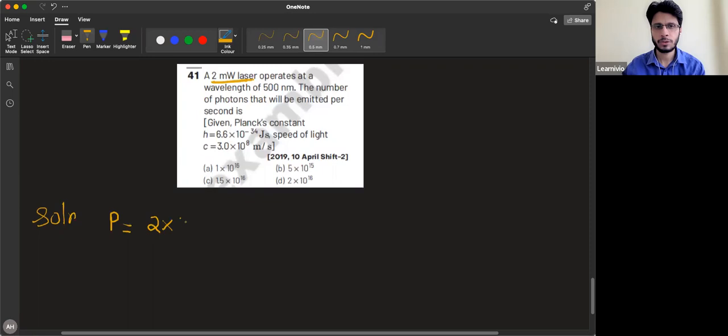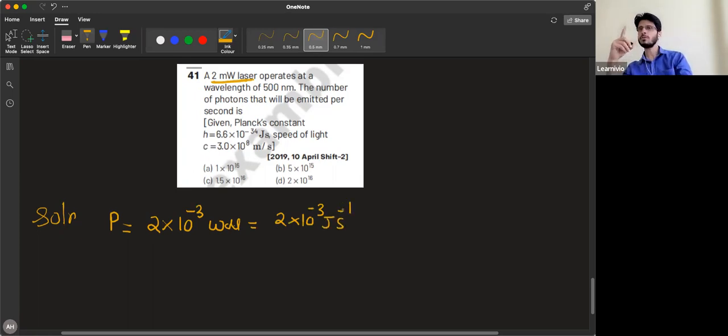So that's 2 into 10 raised to the power minus 3 joule per second. So this is the energy emitted by your laser in 1 second, at a wavelength of 500 nanometer. So lambda is 500 into 10 raised to the power minus 9.